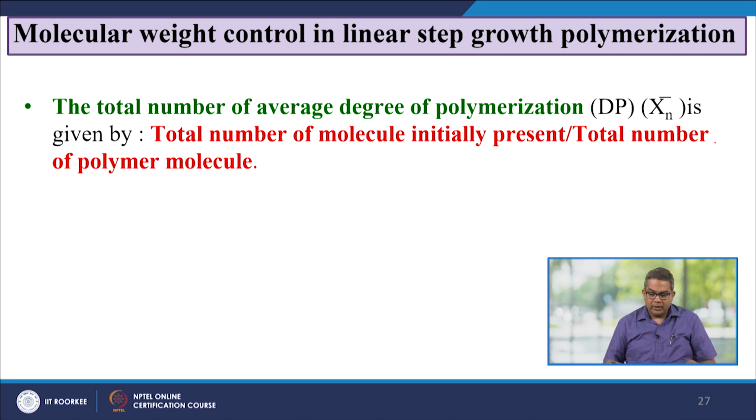So the average degree of polymerization, which is represented as xn bar, is given by the total number of molecules initially present over the total number of polymer molecules.